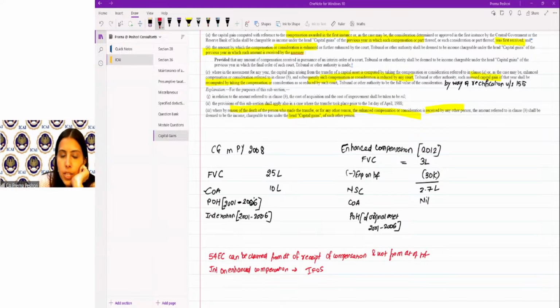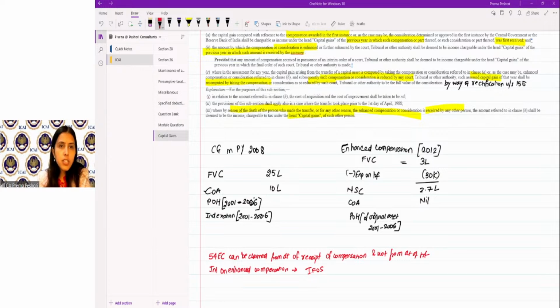So, understand one thing. Under section 10(37), there is an exemption. And what is that exemption? That is for the compulsory acquisition of land. Then you will say, ma'am, what about 45(5)? So 45(5), yes, compulsory acquisition is taxable, no doubt. But under section 10(37), there is a specific exemption where the transfer is by way of compulsory acquisition under any law of agricultural land.